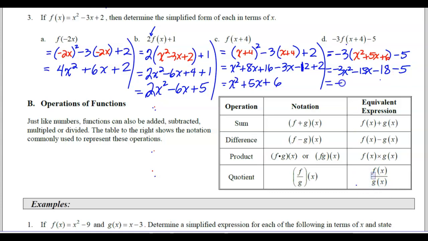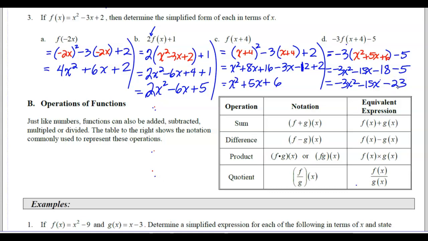Okay, minus 3x squared minus 15x minus 23. Okay, so that's a bit of review from Math 10 IB.